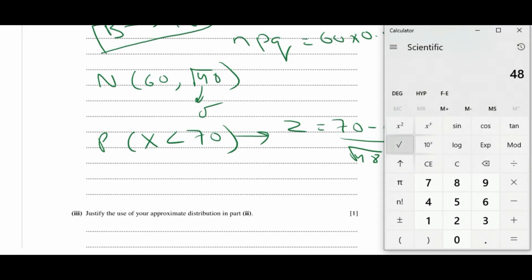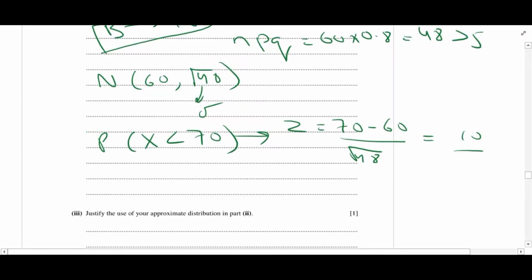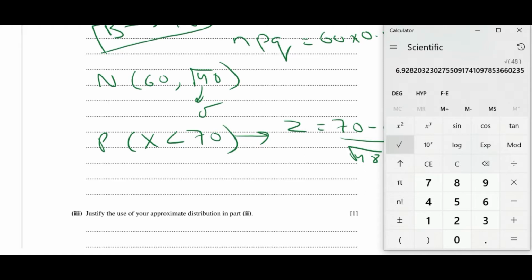Let's take the square root of 48 as well. The square root of 48 is 6.928.